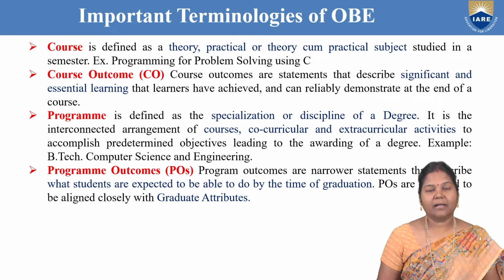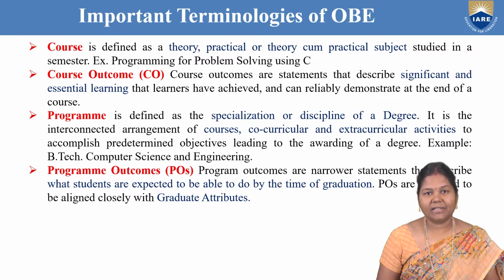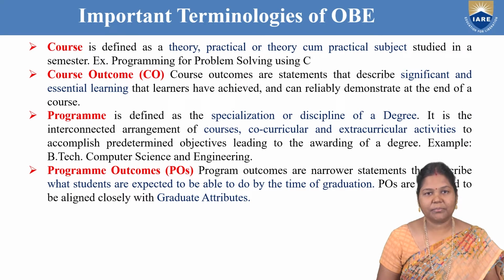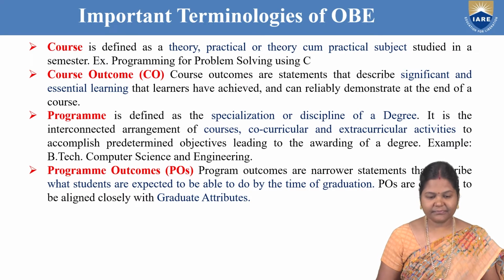So, POs are nothing but the narrower statements which the students are expected to achieve at the time of graduation. POs are expected to be aligned closely with the graduate attributes. So you need to understand how many graduate attributes are also there.